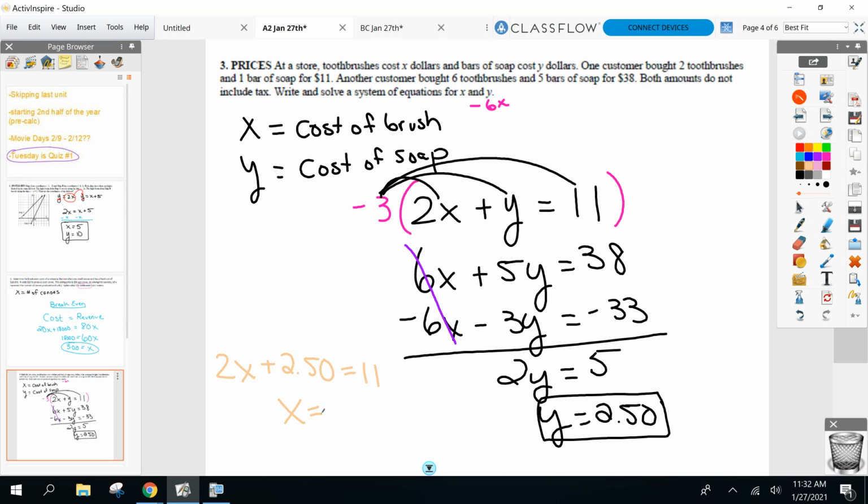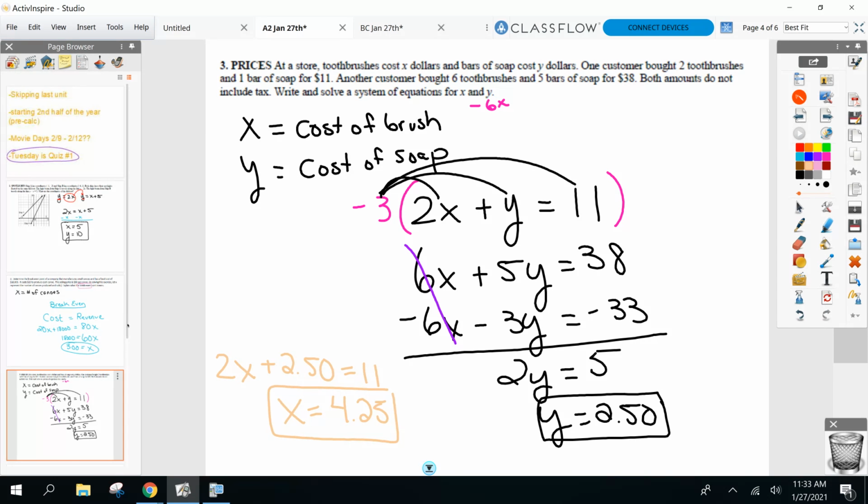And then let's get this moving. $4.25 for a toothbrush. Okay, $4.25. And that's all we're doing for the rest of today. Set up 2 equations and let's solve it.